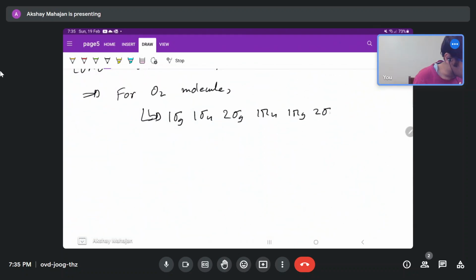If we have 12 valence electrons, we will put 2 here, 2 here, 2 electrons here, 4 here, and 2 electrons will go here.